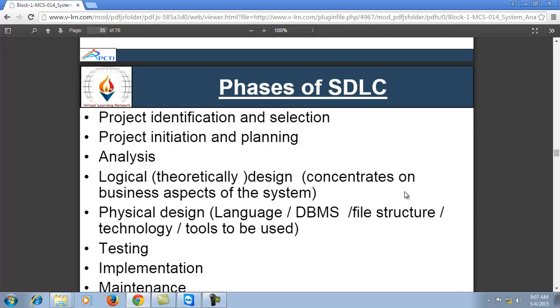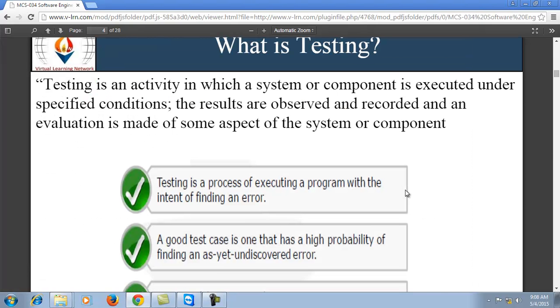Now let's explore what different types of testing techniques there are and how they are helpful in developing the software or system, right? Now let's discuss what exactly is testing.